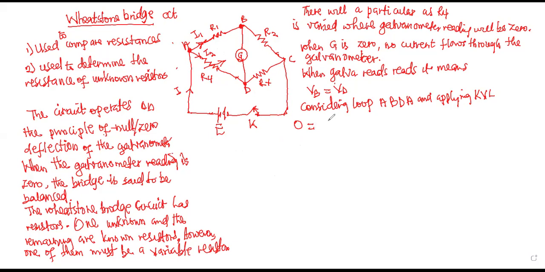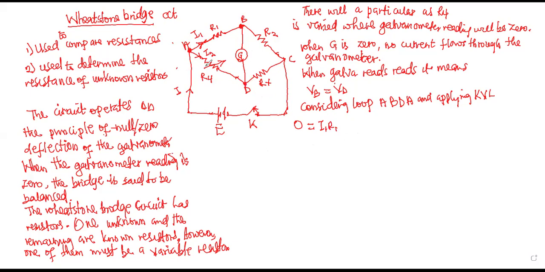So zero is equal to I2R4 plus, we are moving A, B, D, A, I1 times R1, considering the loop A, B, D, A.